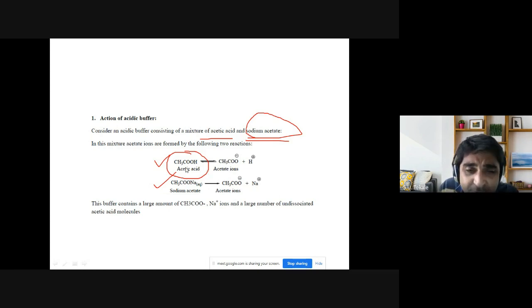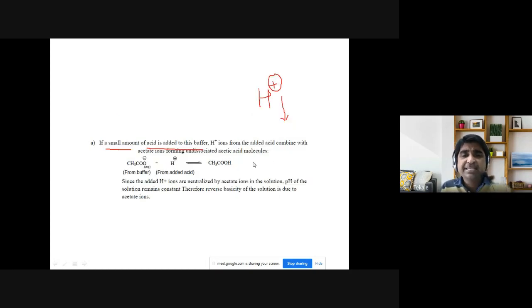This neutral molecule will not change the pH. So the H plus ions from the acid combine with the acetate ions to form undissociated acetic acid molecules, and therefore the pH of the solution does not change.